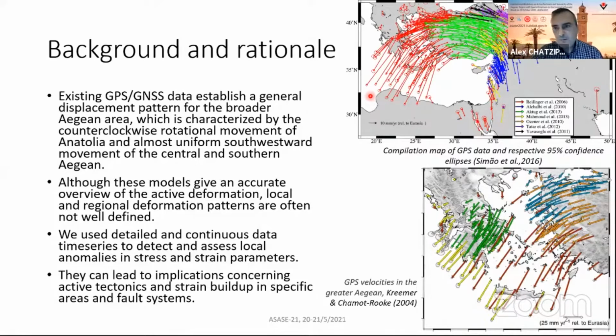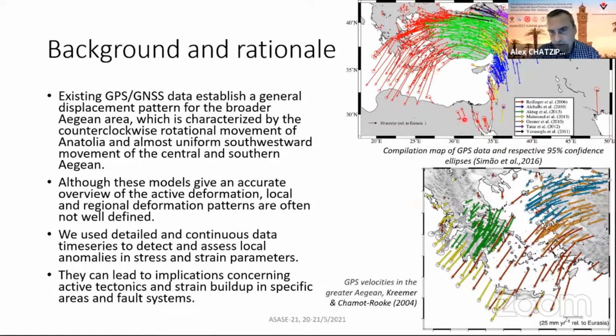We know since several years that GPS data show very reliably the displacement pattern for the broader area of whichever study area we are dealing with. For example, we are well aware of the counterclockwise movement of Anatolia and the change in direction.